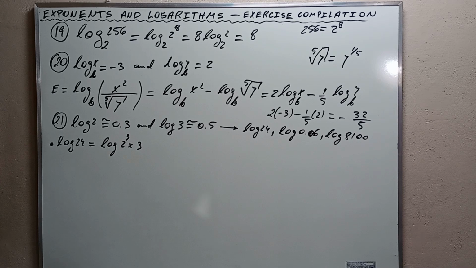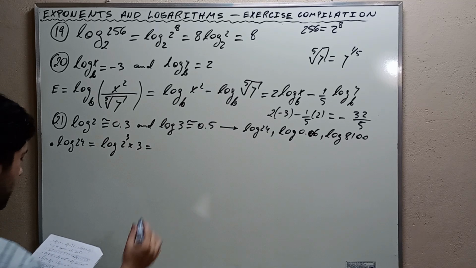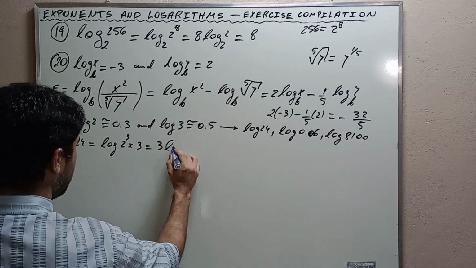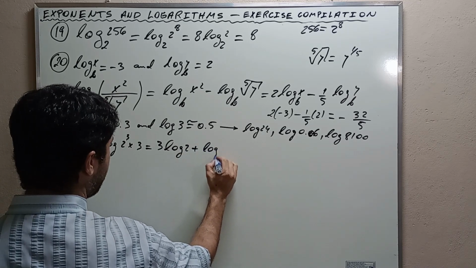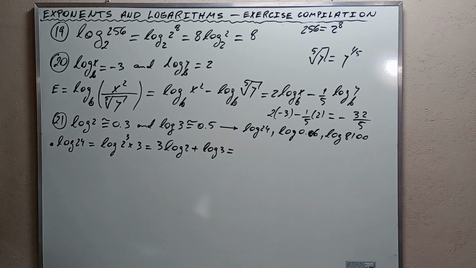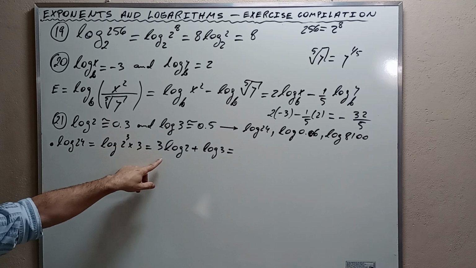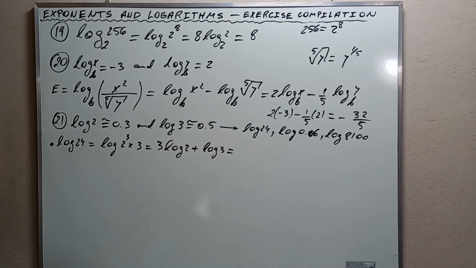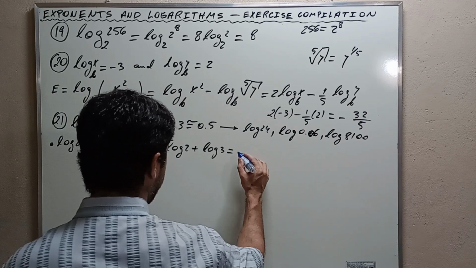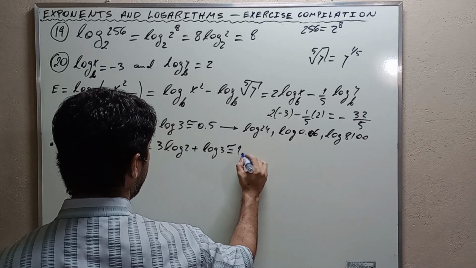We apply the rule of the product, and passing this power to this side, it becomes 3 times the logarithm base 10 of 2 plus the logarithm of 3. And we simply use the values. In the place of the logarithm of 2 we put 0.3, and in the place of the logarithm of 3 we put 0.5, and we find that it is approximately 1.4.